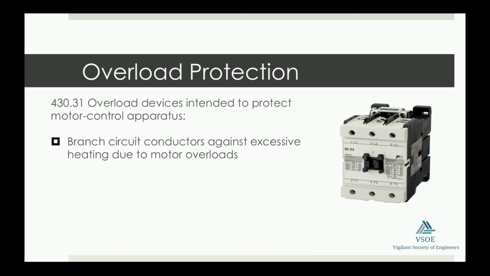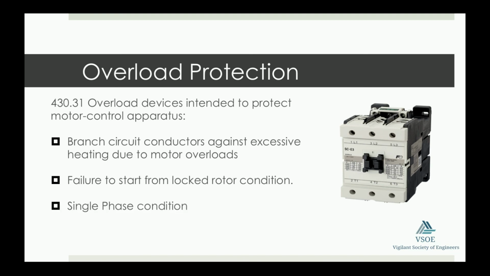It protects the branch circuit conductor against excessive heating due to overload. Right? So the overload protective device protects the motor from locked rotor condition or failure to start. So this overload protective device shall protect each phase of the motor.